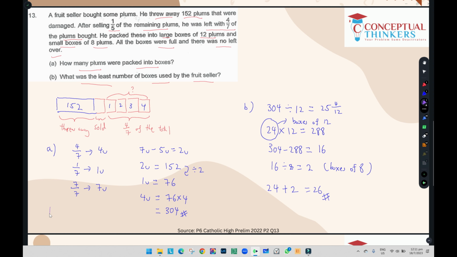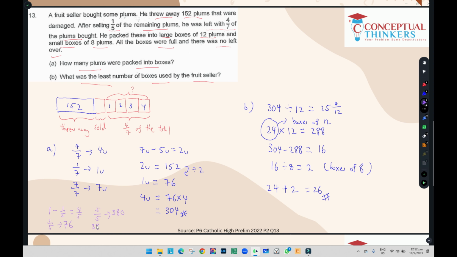So if I take 1 minus 1 over 5, I'm going to get 4 over 5. So 4 over 5 will represent 304. Okay, so if I find the value of 1/5, that will actually go back to 76. Okay, so if I find 5 over 5, I should take 76 times 5. I'm going to get 380.